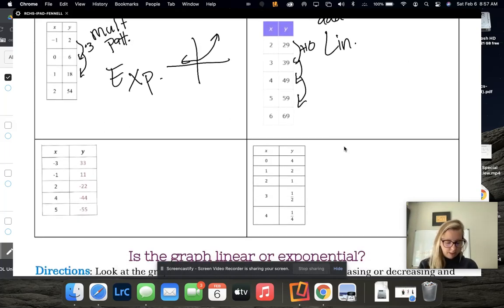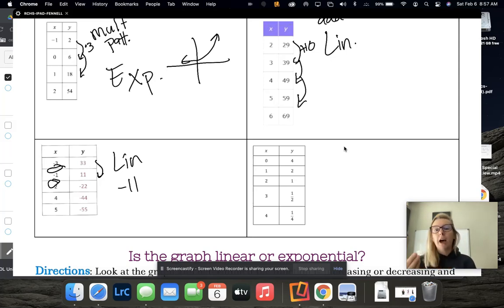Okay. Here, this is that same one we talked about before. So this pattern changes a little bit because we have missing values over here, but this is linear because I'm subtracting 11 each time. So again, adding a negative is the same as subtraction, right? So you can think of it as addition every time if you want, but in this case, we're adding a negative value.